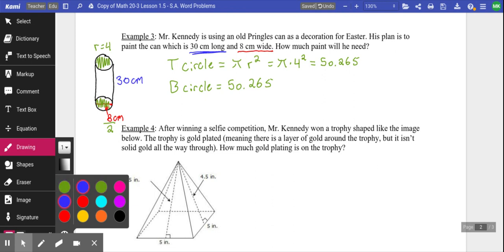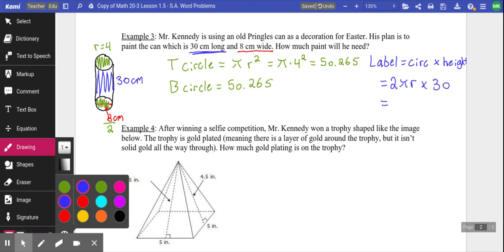The next section I'm going to do is my label. We know that the label is circumference times height, which is this right here. Our label is 2 pi r, that gives you my circumference, times the height of 30.